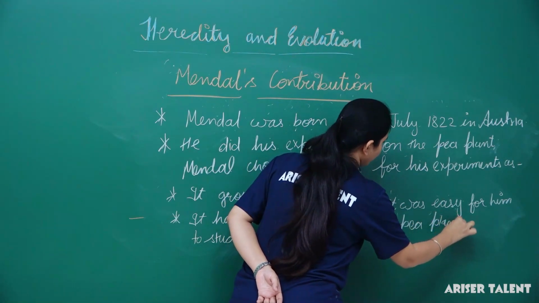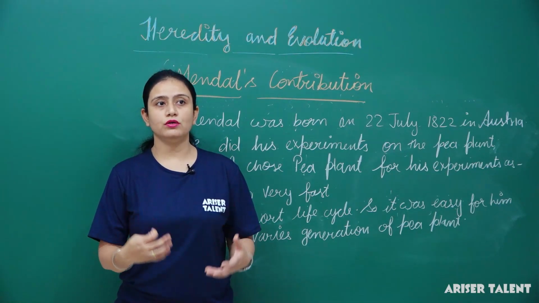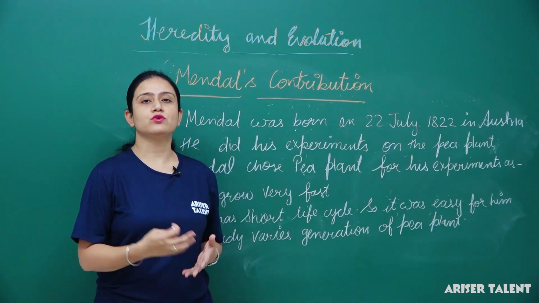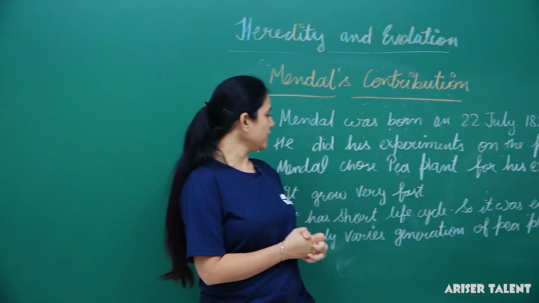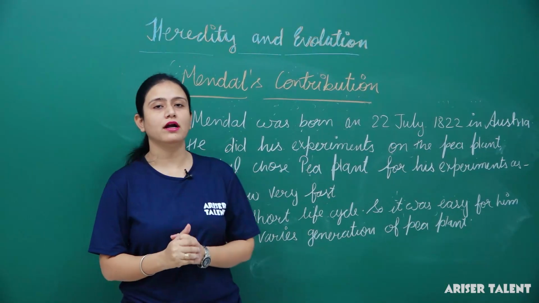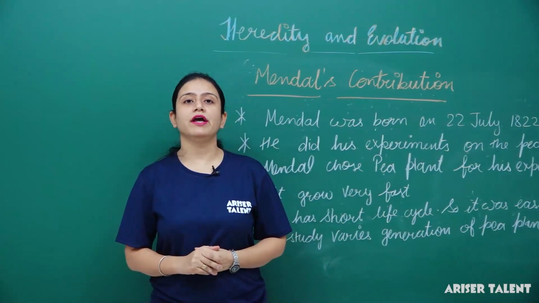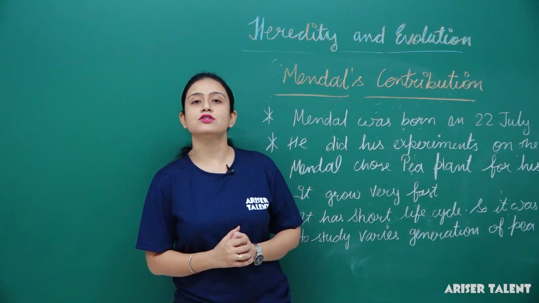If he wanted to do experiments with the pea plant, it was easy for him to do the various experiments with it, because it has a short life cycle. So here, as I told you, he chose the garden pea plant. What was the reason behind it? It grows fast, as well as it has a short life cycle.